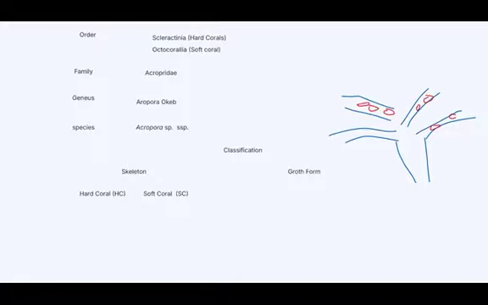Okay, because as we mentioned before, it can make photosynthesis, so it can provide the food for the polyp. So this kind of relationship formed the unit of coral reef.